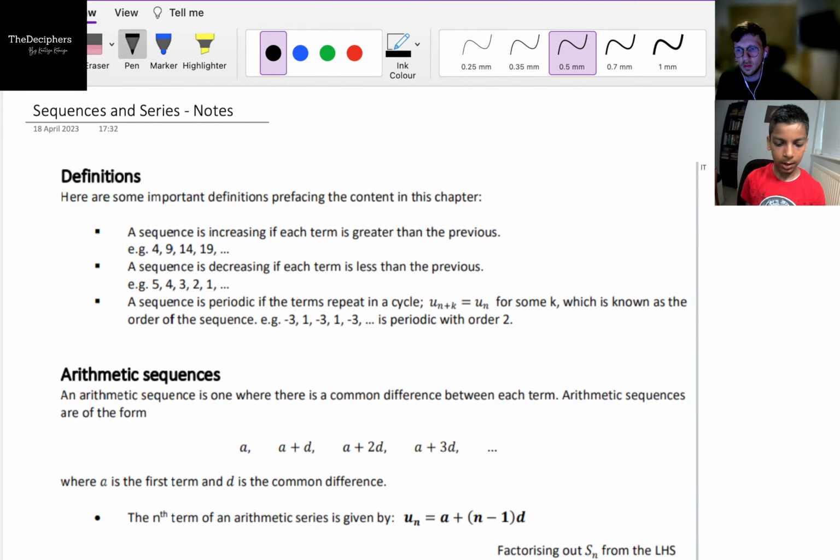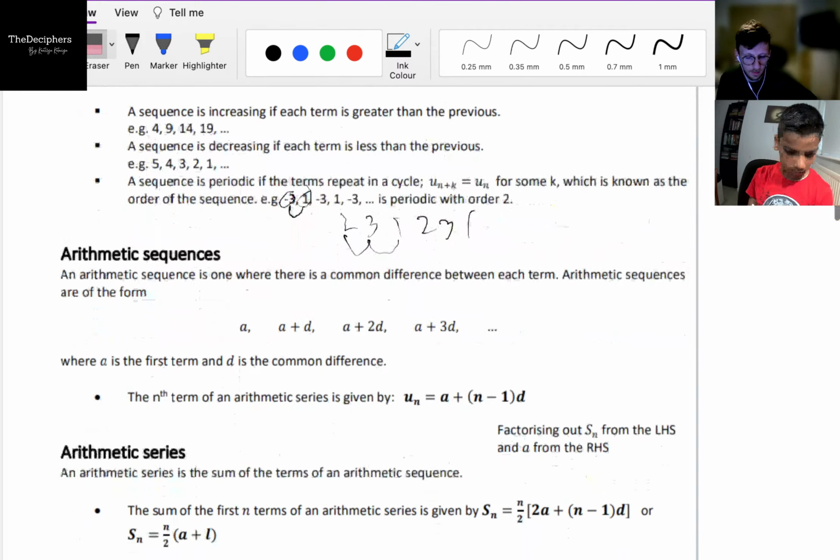Order basically means that value of k, so how much it repeats. In this one, -3 and 1 are the two that repeat. If we had another one like 2, 3, 1, 2, 3, 1, then it would be order 3 because there are 3 things that repeat.